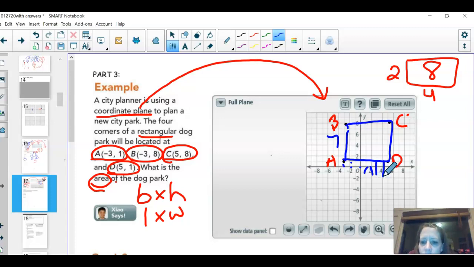Oh, wait, let me check that. Okay, yo puedo contar y yo tengo 1, 2, 3, 4, 5, 6, 7.